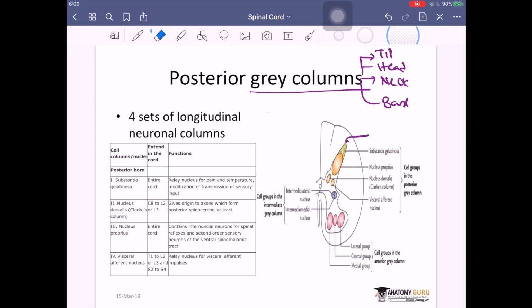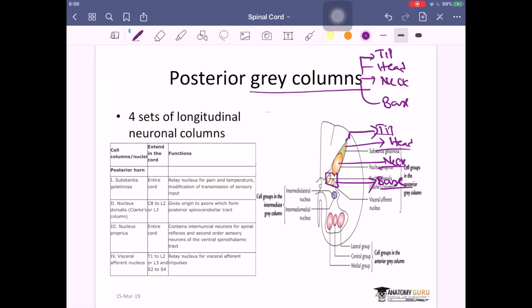So this is the tip, this portion is your head, this portion is the neck, and this portion, which is just connecting to the rest of the gray matter, is what we call the base.